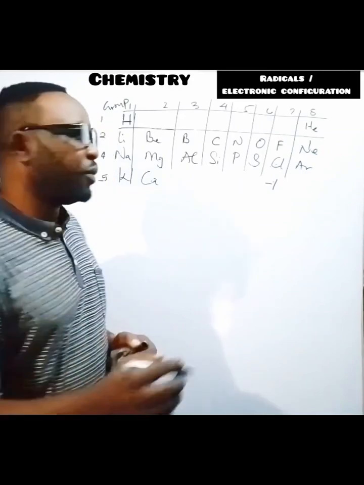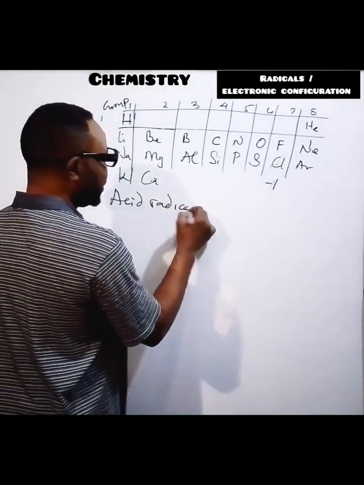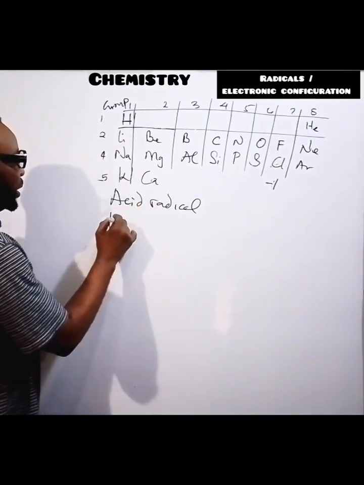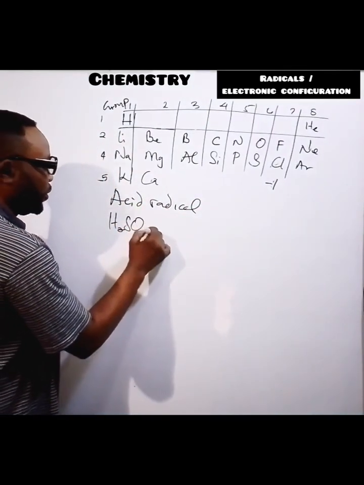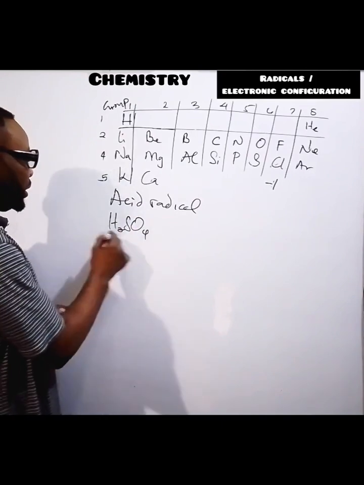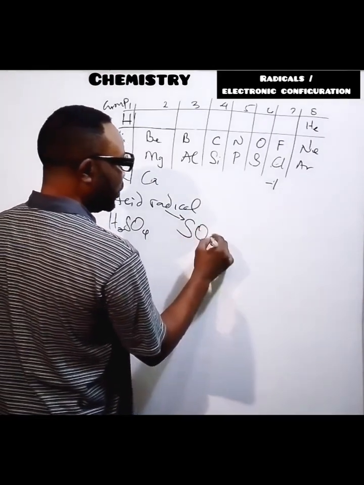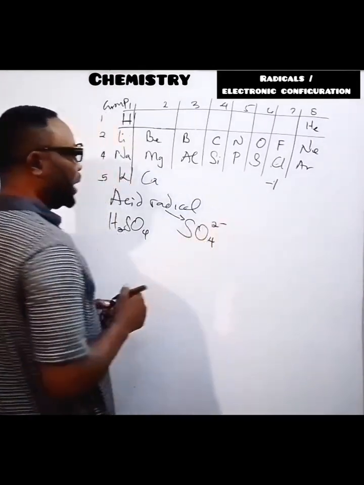For example, if you have H2SO4, the acidic radical of this nature will be SO4 2-.